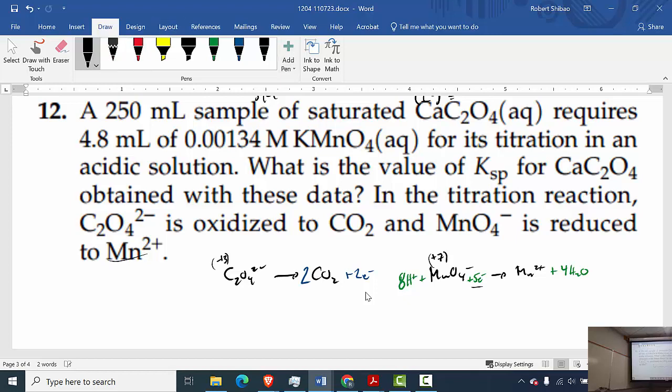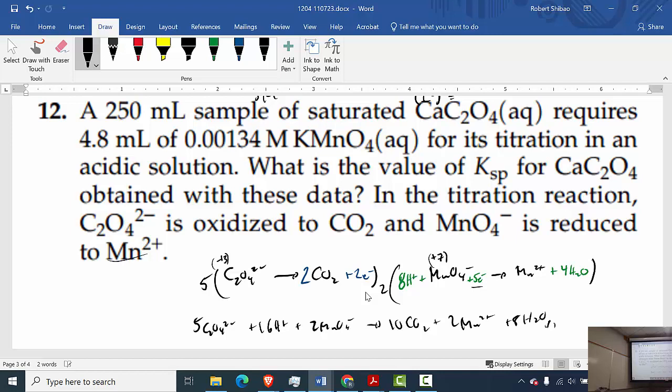And then what I'll do is I'm going to multiply the first equation by 5 and the second equation by 2, and then combine them. And so we'll have 5 oxalates plus 16H plus, 2 permanganates plus 10 electrons. 10 electrons will cancel, plus 10 CO2s plus 10 electrons, which cancel, plus 2 Mn2 plus 8 H2O.